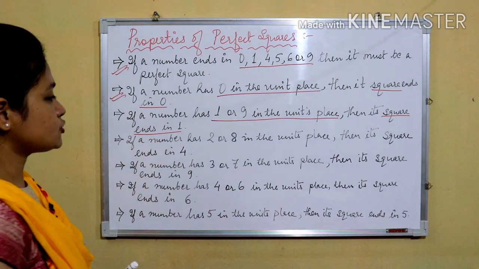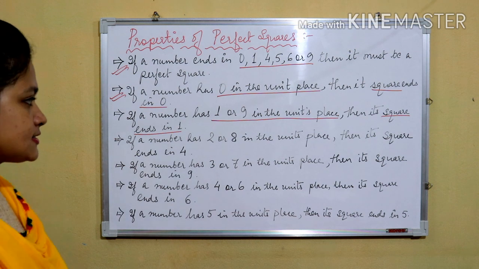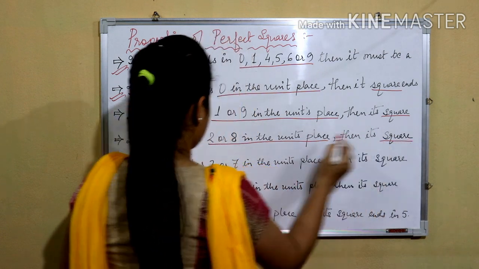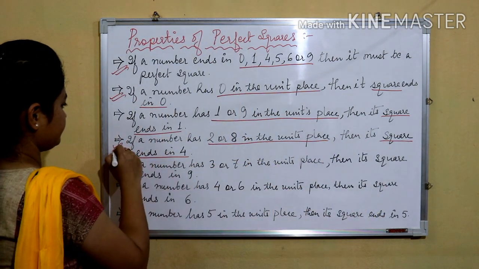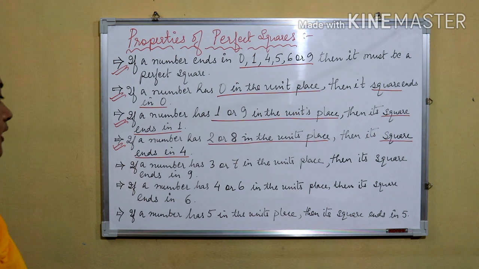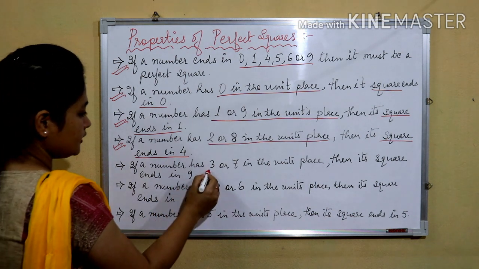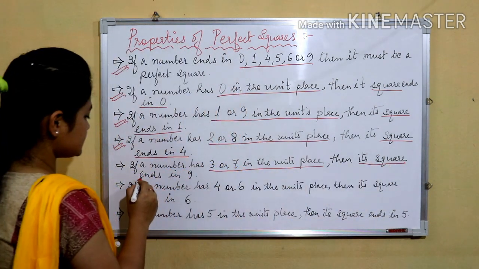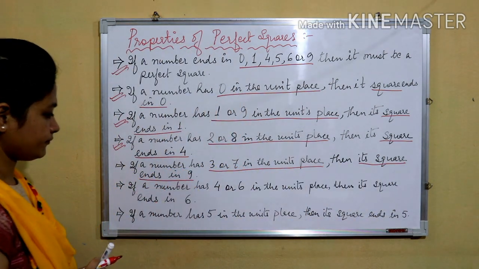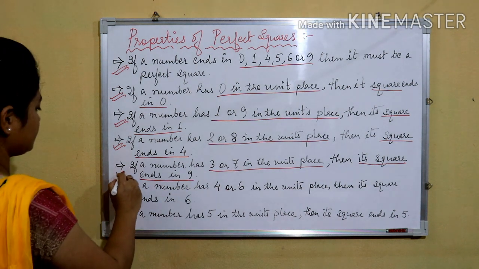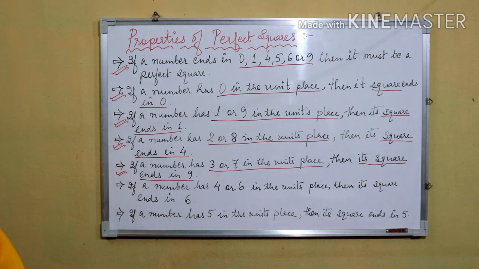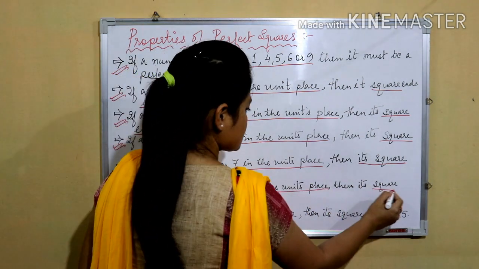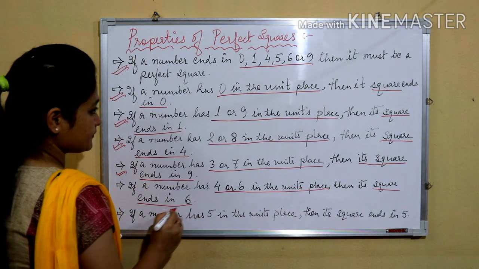If a number has 2 or 8 in the unit place, then its square ends in 4. If a number has 3 or 7 in the unit place, its square ends in 9. If a number has 4 or 6 in the unit place, the square ends in 6.